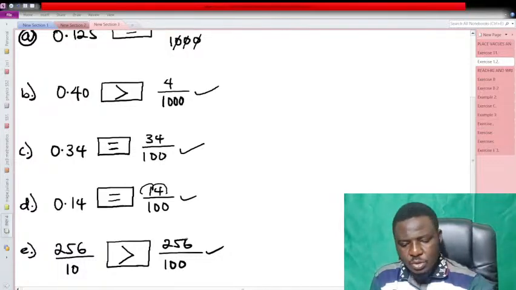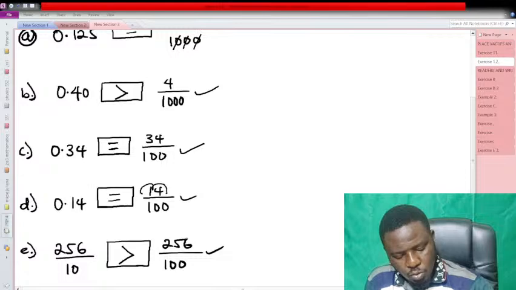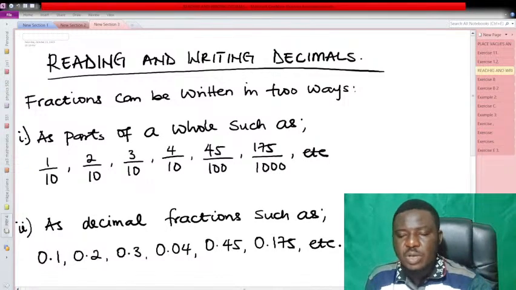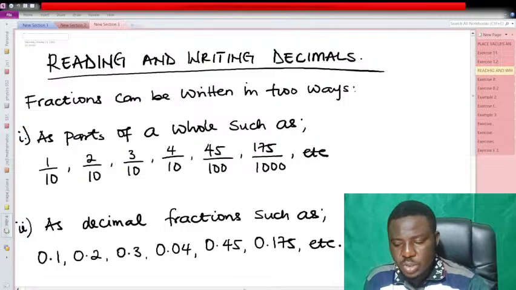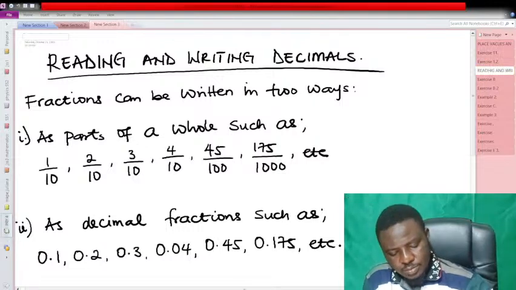So that's good. Okay. Having said that, let us now go over to today's class. In today's class, we shall be looking at reading and writing decimals. Okay? Reading and writing decimal fractions.